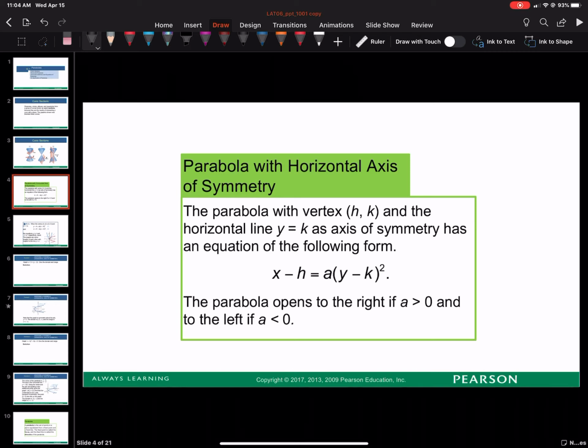The parabola opens right if a is greater than 0, and it opens left if a is less than 0. So make sure you write this equation down because you're going to have to use it. It's very important that you write these equations down so when we get to certain things, it'll be easier for you to use.